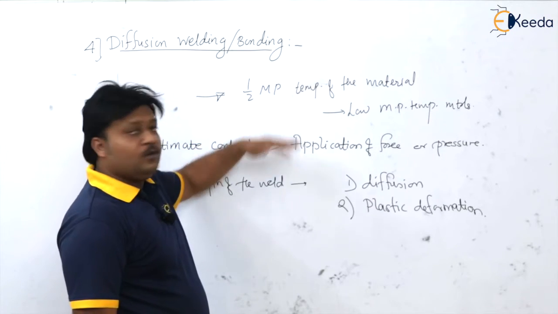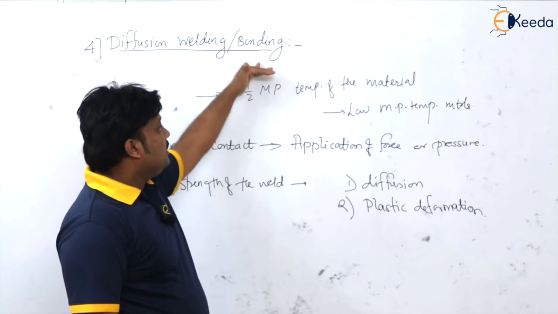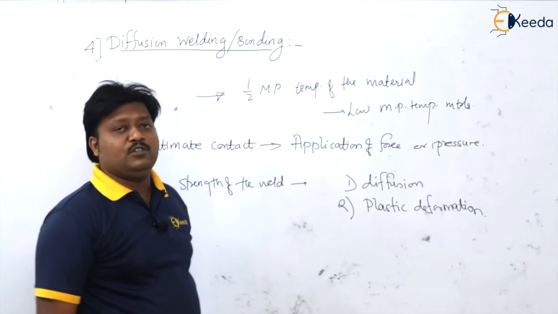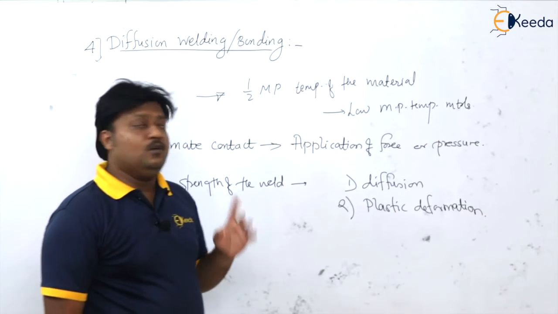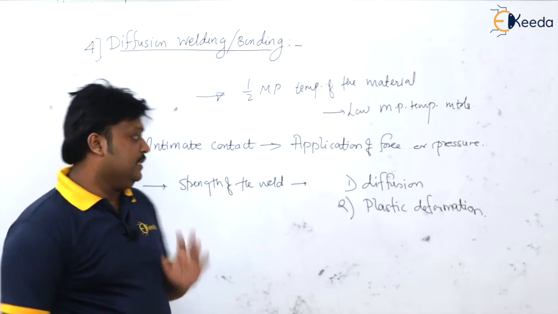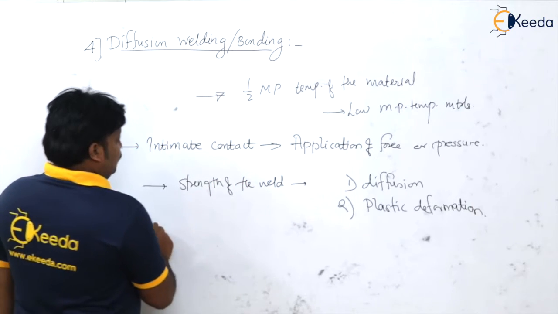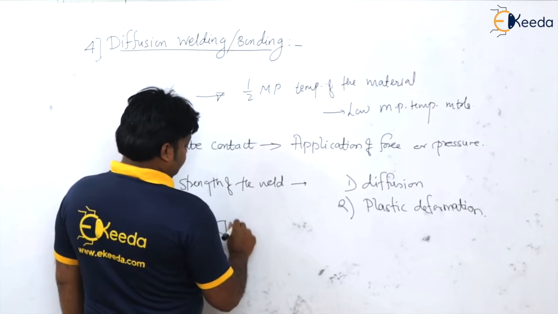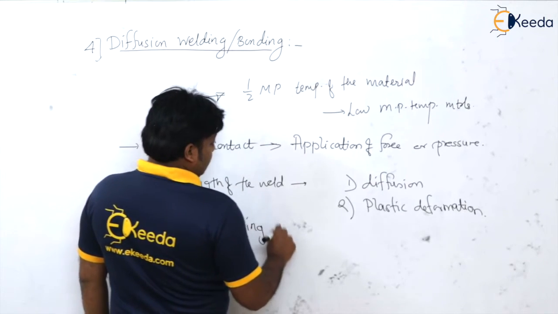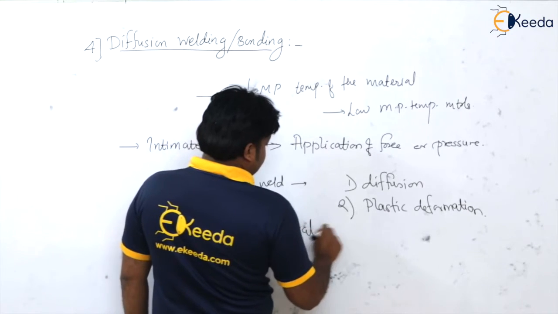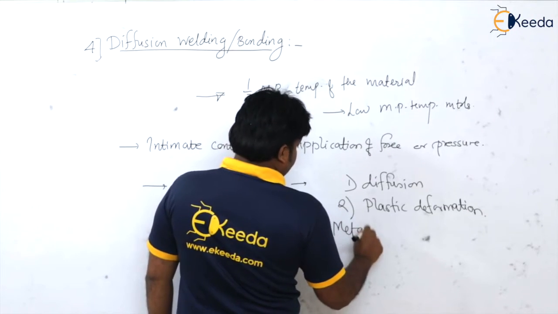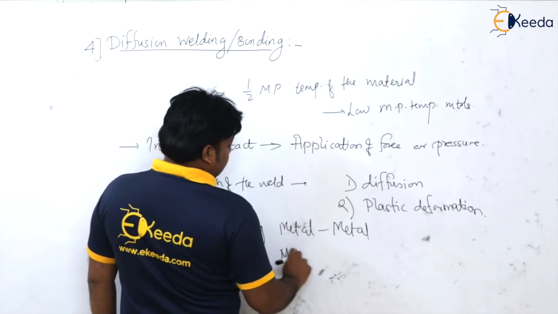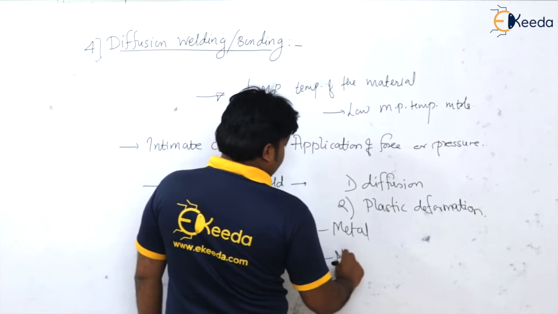We can go on heating the material to just half of the melting point temperature for the low melting point temperature materials. And this diffusion welding is basically used for joining metal to metal and also for joining metals to non-metals.